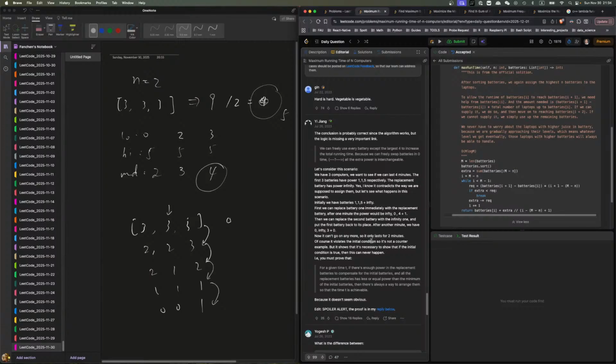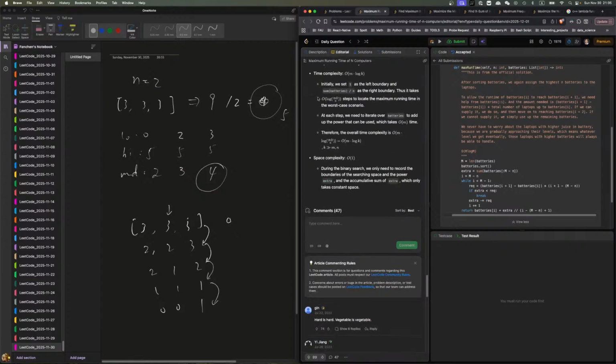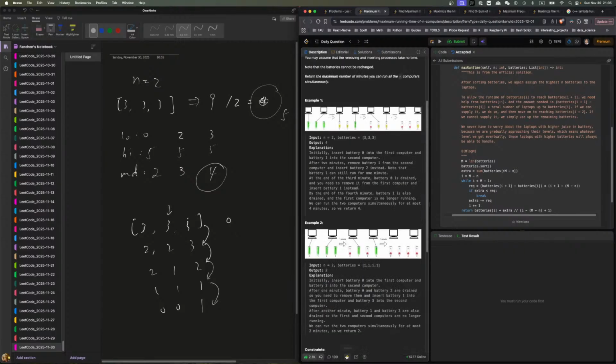Yeah, you have to sort. Like the biggest one has to support. I don't know. This is hard for me.